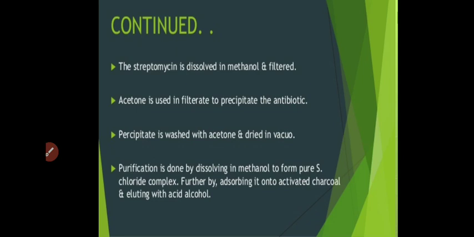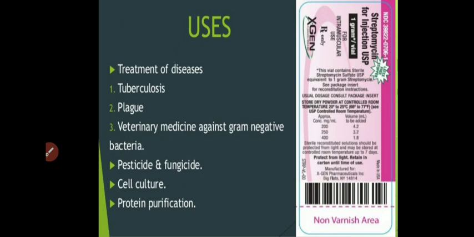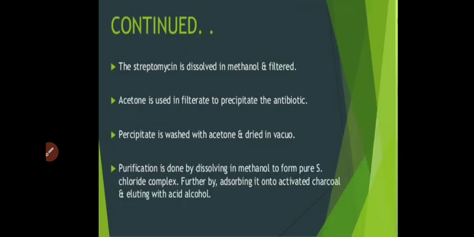Further, by adsorbing the antibiotic onto activated charcoal and eluting it with the help of acid alcohol, the streptomycin is purified and then properly analyzed for its activity, packed and used for marketing purposes.